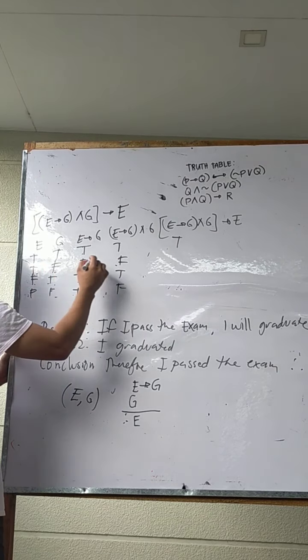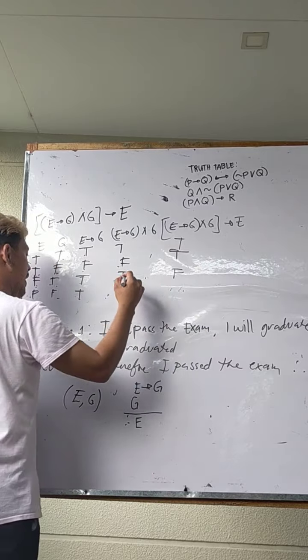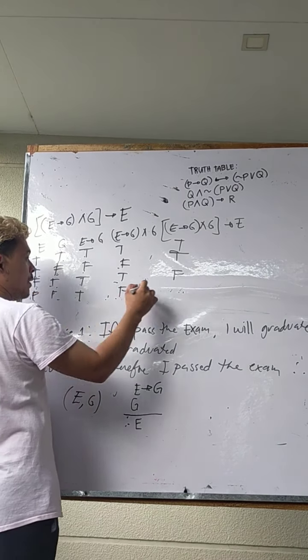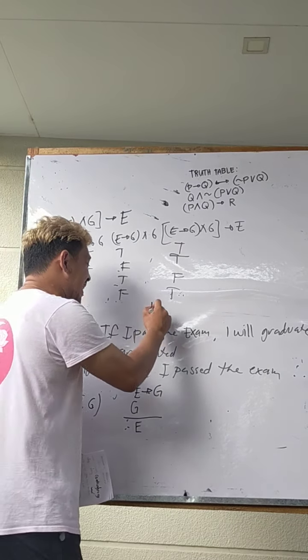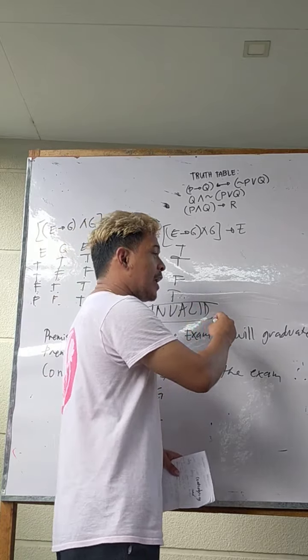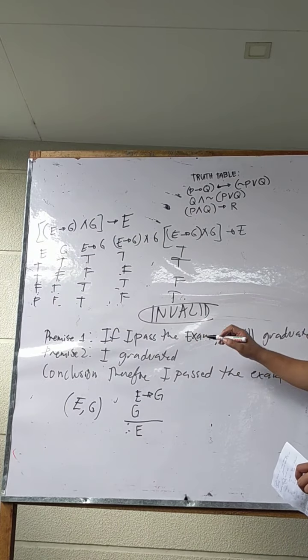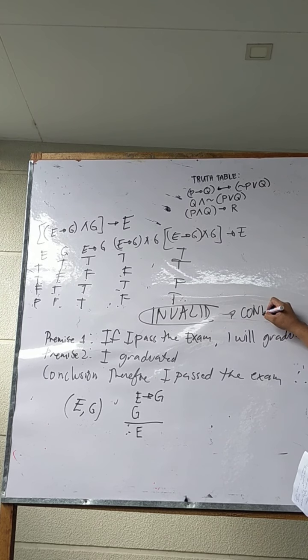False implies true, that will be true. True implies false, that will be false. And false implies false, that will be true. The argument is invalid because there is at least one false. If there is at least one true and one false, that argument is what we call a contingency.